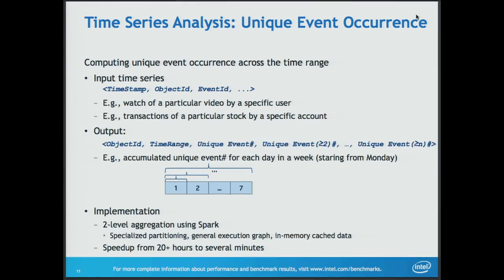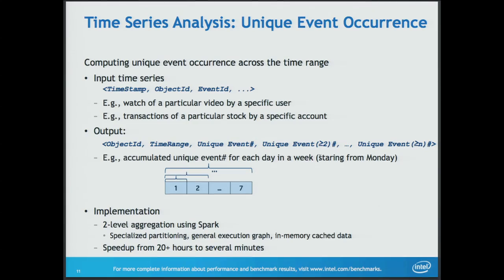And the output here is that we try to compute the unique event count for each time range. So for each object, you want to compute, in a specific time range, the unique events of that object, and the unique events that happen at least twice, and so on.